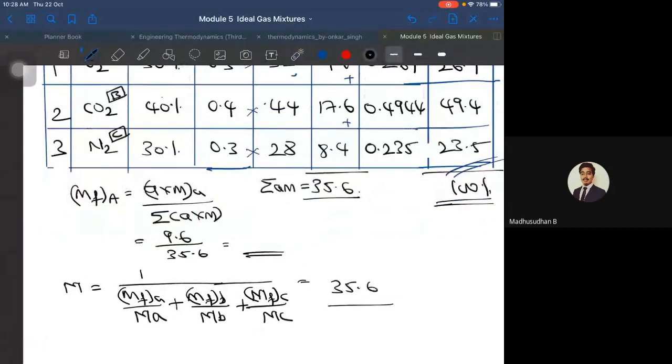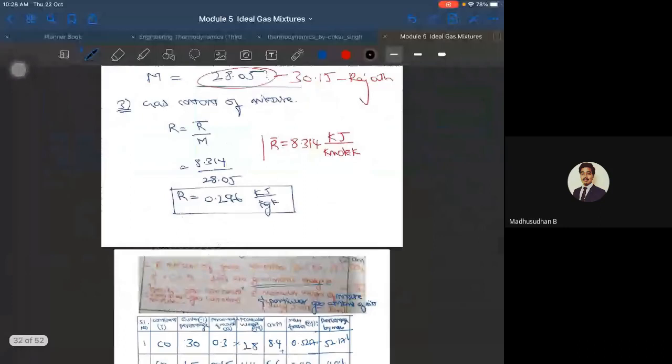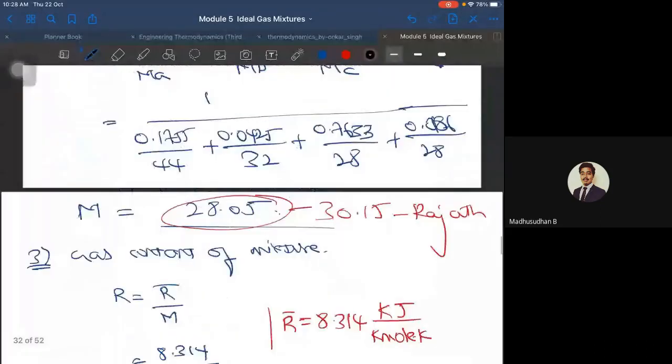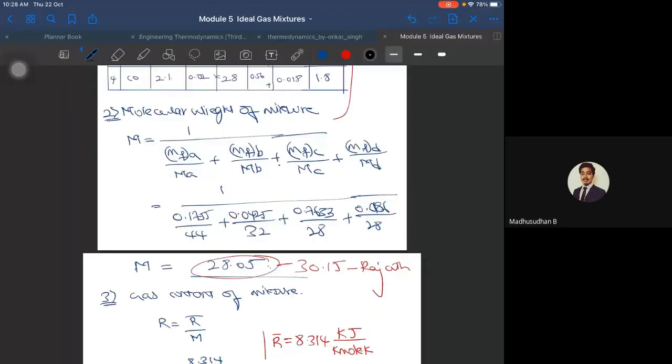35.60. Okay. Let us halt for a second. In the first problem which we have solved, the M value according to Rajat was 30.15, and most of you said the same, versus 28.05. So which one is correct? 30.15, sir.